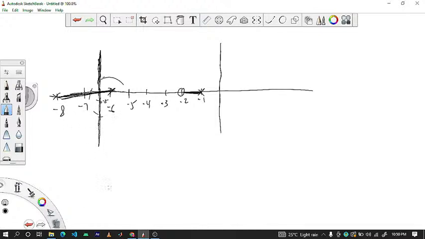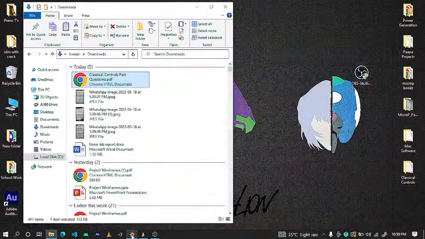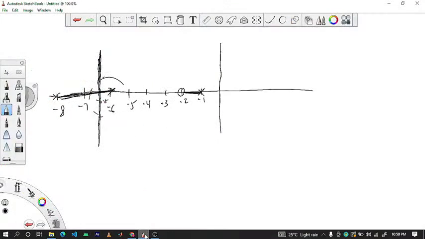Now we got our breakaway point. We got our breakaway point to be negative 6.98, which means that, as I told you early on, the poles are where the locus emerges from. So it will come from here, it will also come from here, and they'll meet at a point.